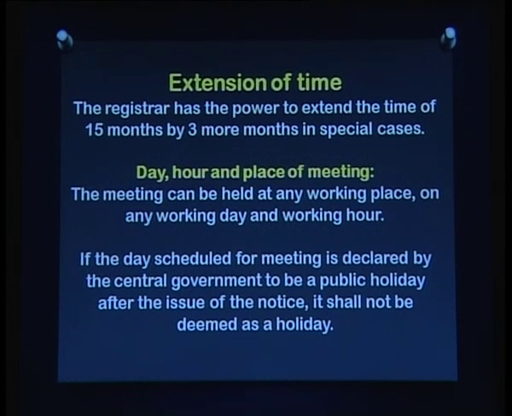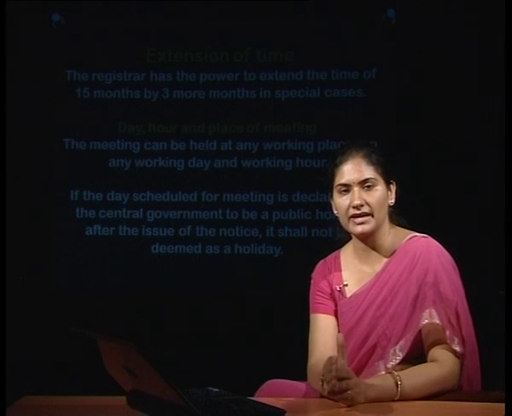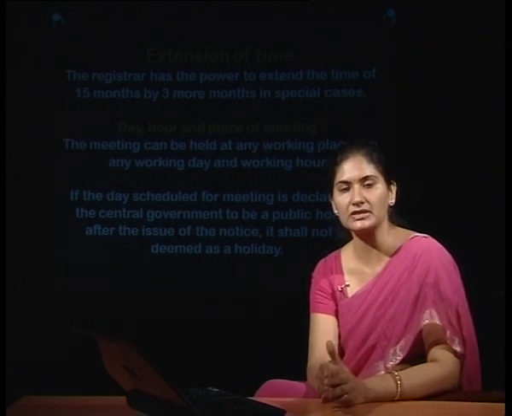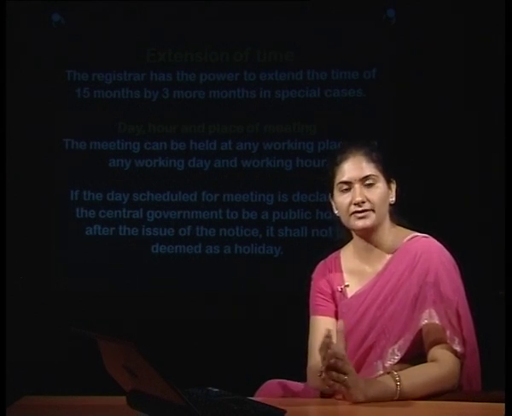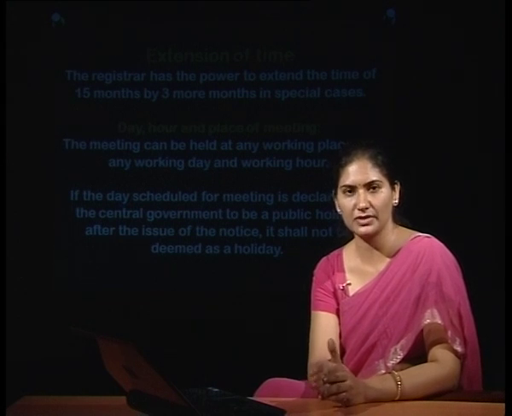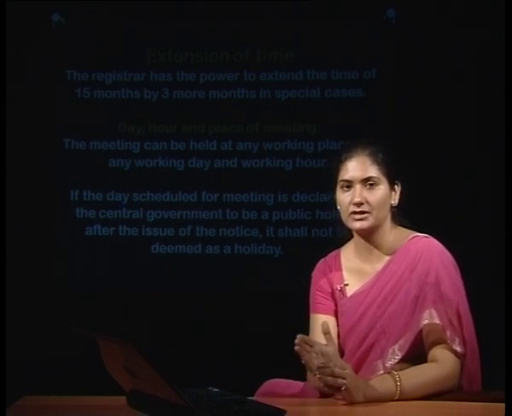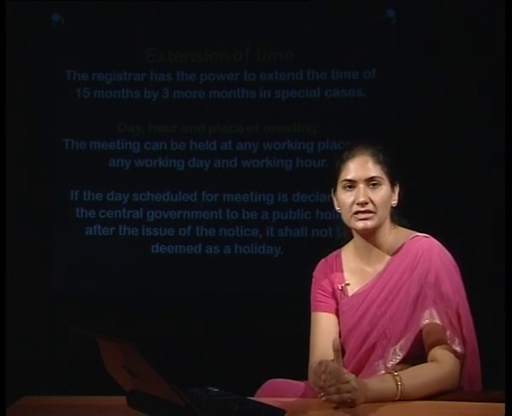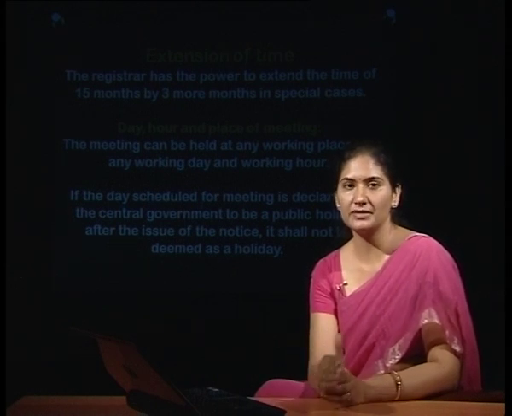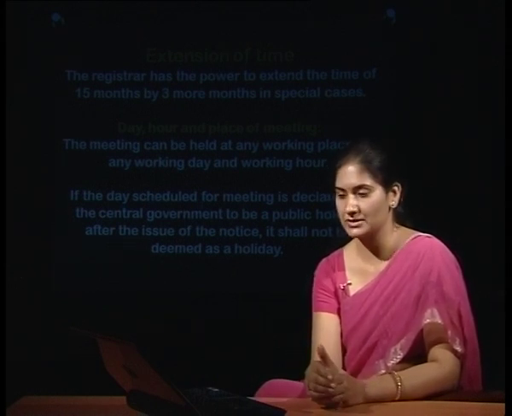It should also be noted that such an extension applies only to a subsequent AGM, that is, 15 months is the maximum time limit between the AGMs, and a further period of 3 months could also be given. This extension of 3 months would not apply to the first AGM, which is already being conducted in 18 months.